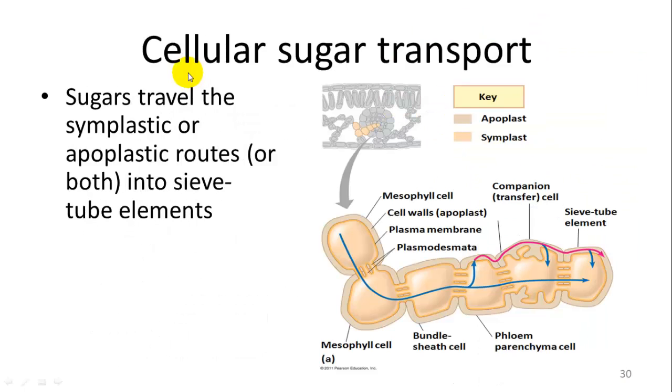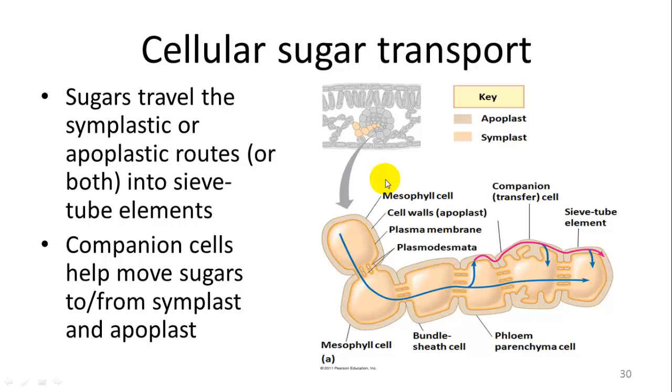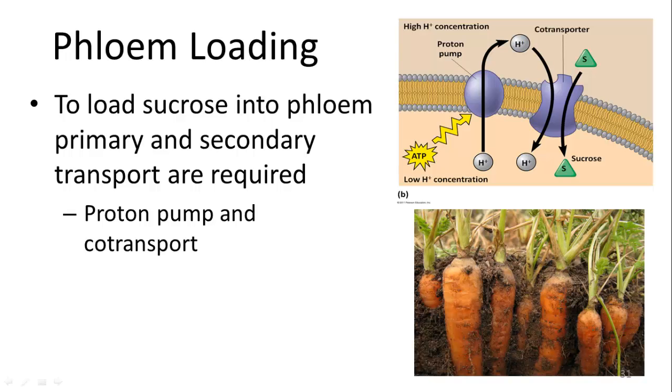All right, so sugars first are made in the leaf and then travel via the symplastic or apoplastic routes into the sieve tube elements. And then the companion cells help move sugars from the symplast and the apoplast into the phloem.